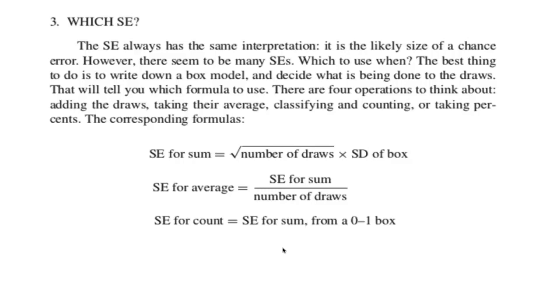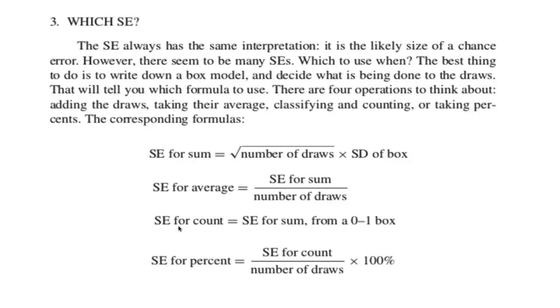Say you want to count the number of Republicans: 1 if you're a Republican, and 0 if you're not. Then I can use a box of 0s and 1s, and the SE for the sum would be the same thing as the SE for the count.